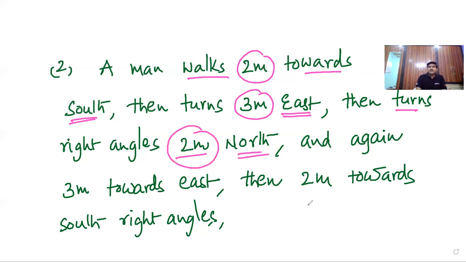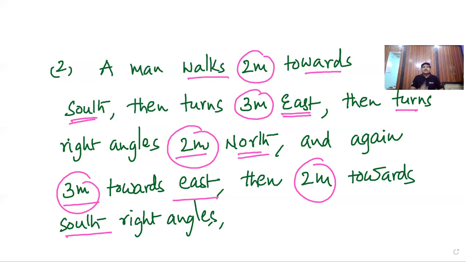Clear? First south, then east, then north, and again east, 3 meters, then again 2 meters south. How many turns?